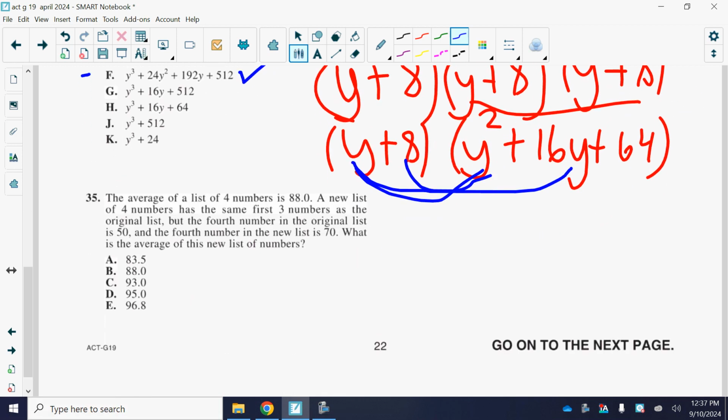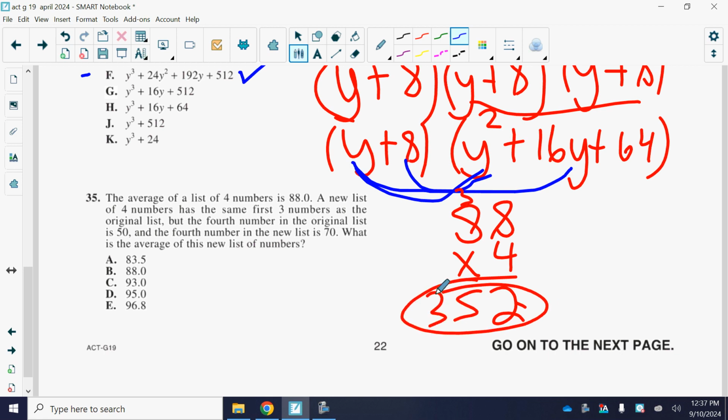Average is total. I've said this many times. If you've got 4 numbers whose average is 88, then the sum is the total of that, 352. Now, what happens? I kick out the 50 and add the 70.